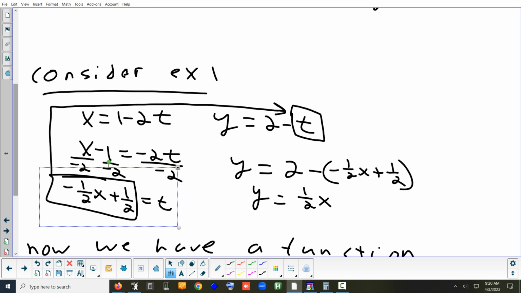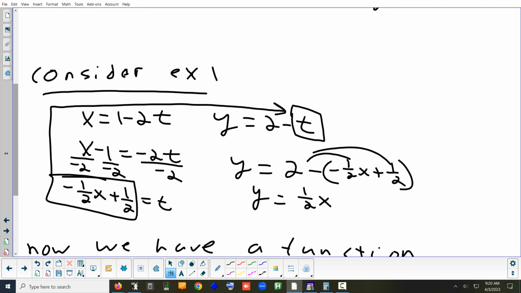No, not negative 2.5. Well, Jazara, do you know what it's going to be? What property do we have to use with this minus in front? Yeah, distributive.